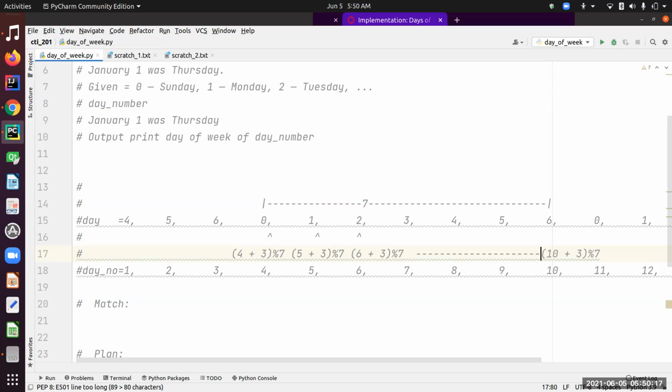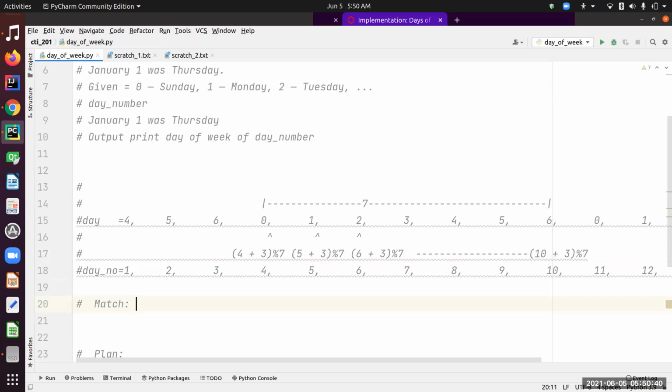All right. Seems like our pattern is working, and we now have a formula to generate these days given these day numbers. So what are the matches?